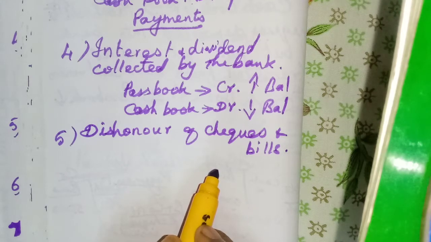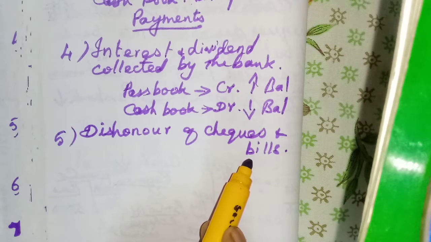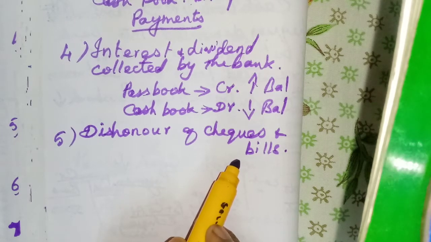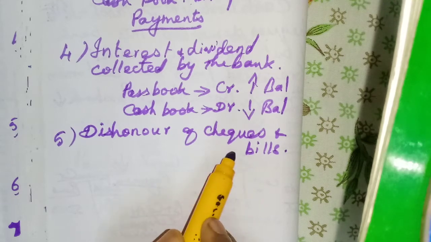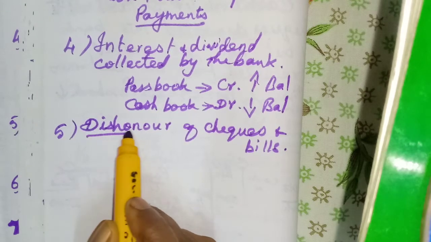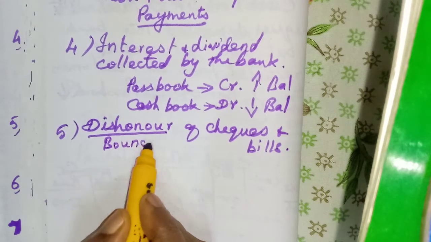In the same way, they have bills also, the bill of exchange. We have studied it in the previous lesson, isn't it? Bill of exchange is called a bill. So these checks and bills we have deposited and issued, sometimes they will be dishonored. We can say the check bounced.